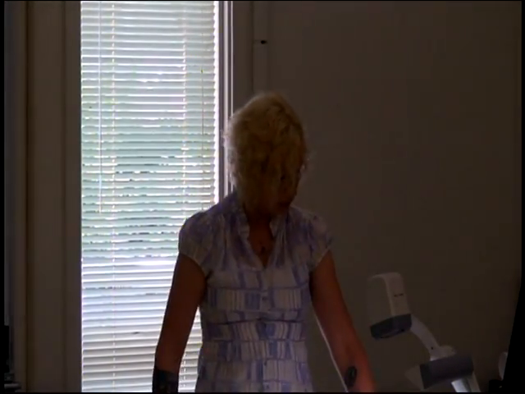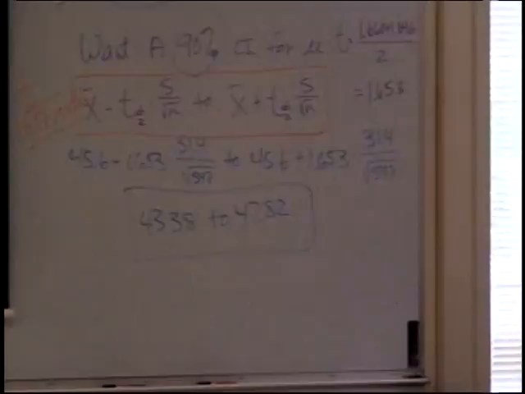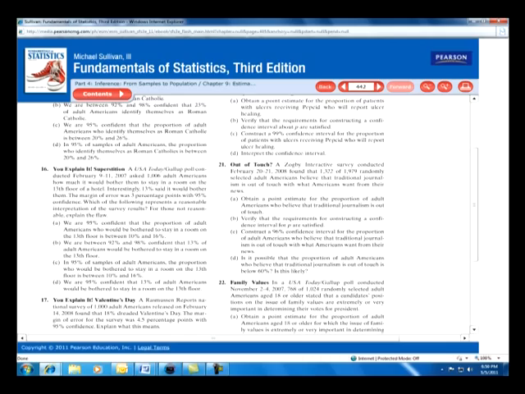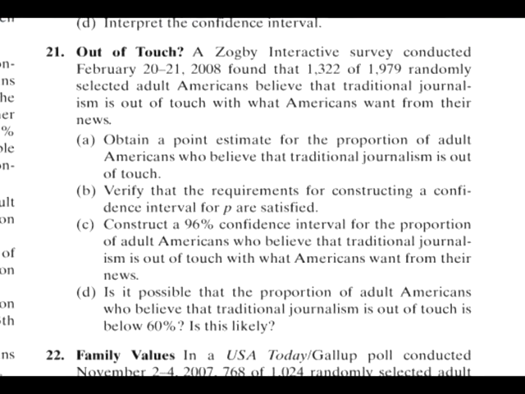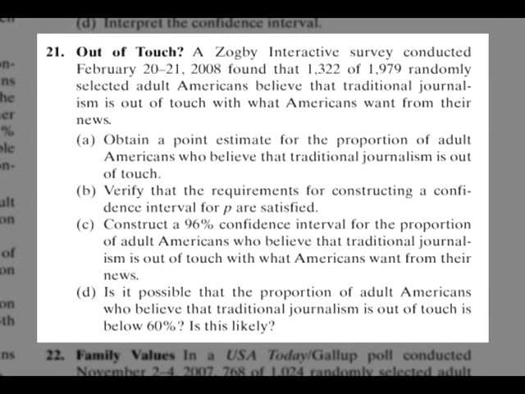Okay, I'm on page 442. And I guess I have to tell you about this before we do a problem, don't I? So in 9.3, the deal is we want to estimate a proportion, percentage, probability.